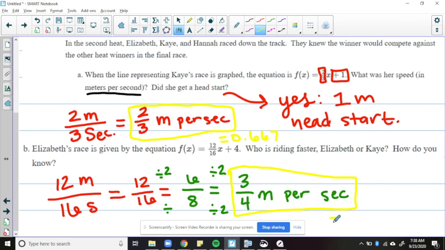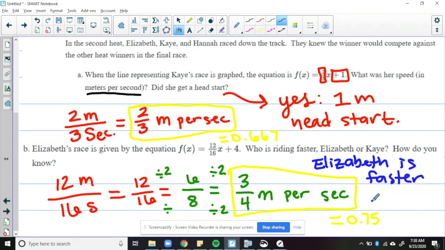Then 3 divided by 4 is equal to 0.75. Well, 0.75 is definitely bigger than 0.67. So we're going to say that Elizabeth is faster because 0.75 is greater than K's 0.667.